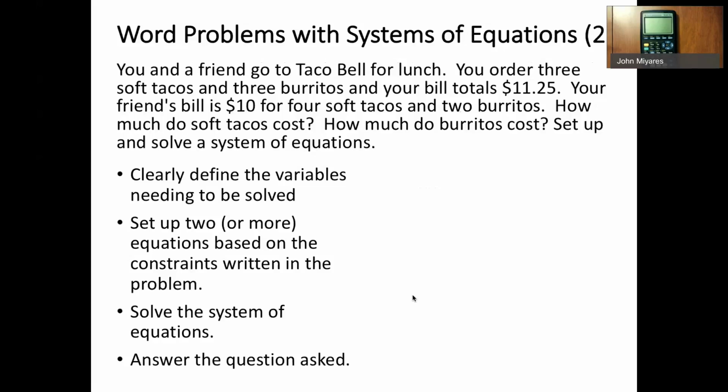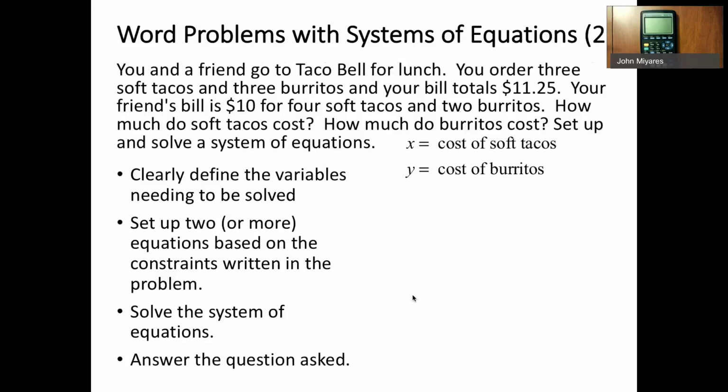So the first thing we need to do is set up variables to identify what it is we want to find out. And what we want to know is how much do soft tacos and burritos cost? So now we'll say x equals the cost of a soft taco and y will equal the cost of a burrito.